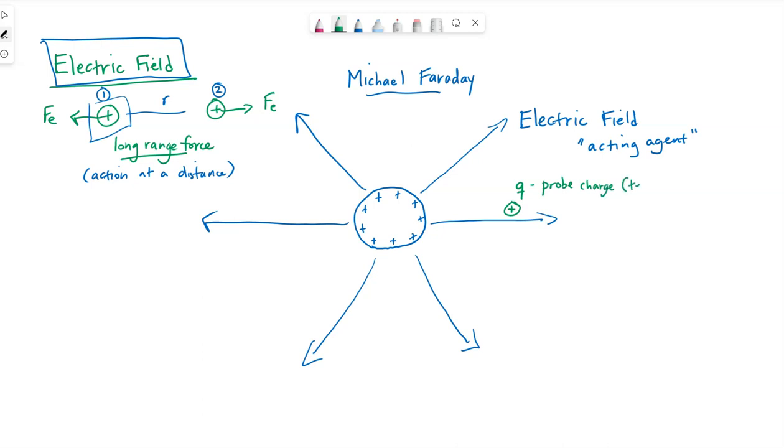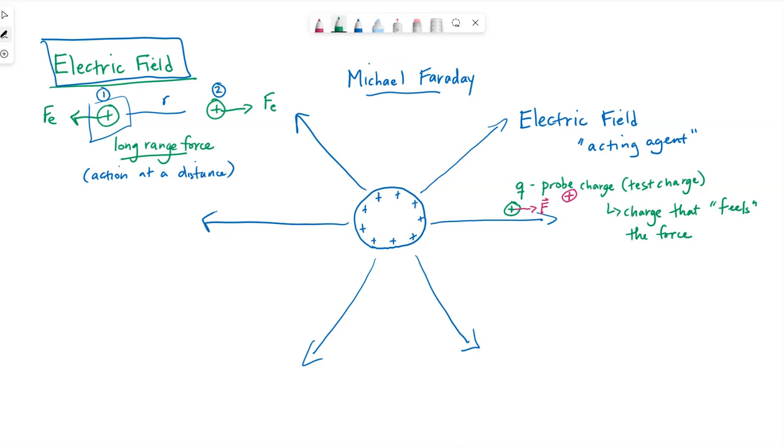I am used to calling it a test charge. Ultimately, we just mean the charge that feels the force, experiences the force because of where it is located near this other charge. These are both positively charged. The probe charge is always positive, so this little charge would feel a force that points directly away from this sphere that I've drawn.